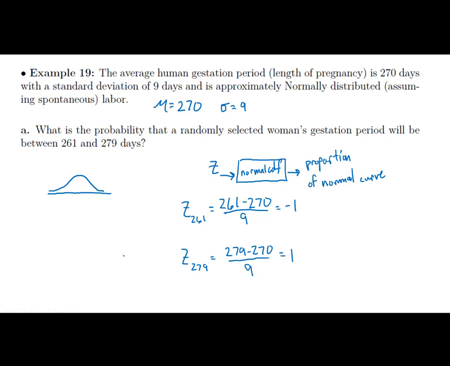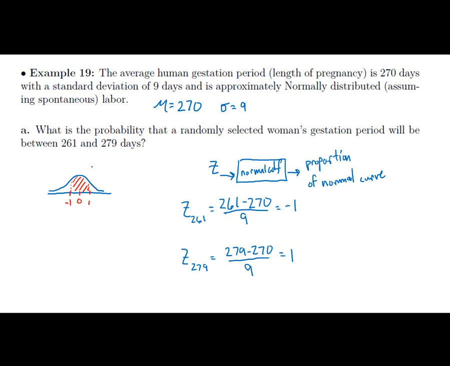That allows me to draw an accurate picture on my normal curve. If I draw the standard normal curve with z-scores along the axis, what I'm really looking for is the probability of selecting a woman whose gestation is between 261 and 279 days, which is the same as finding the proportion of the normal curve taken up in this region.